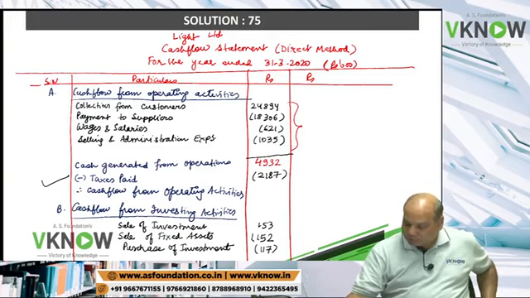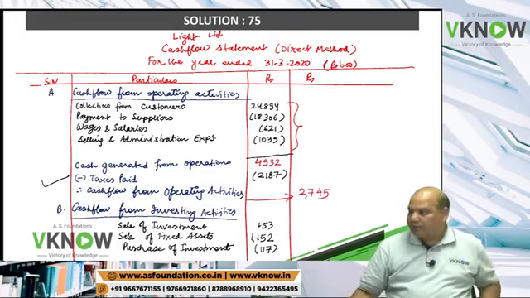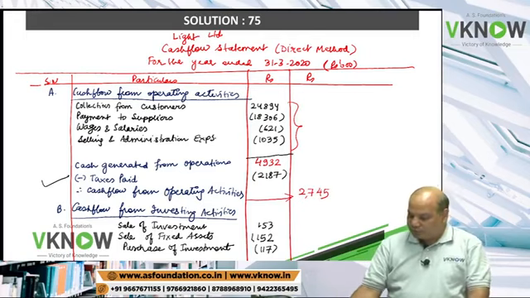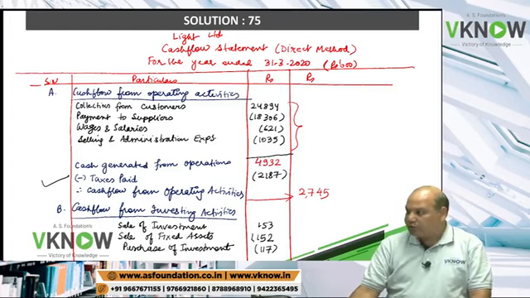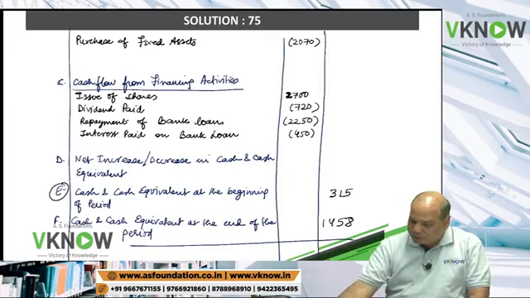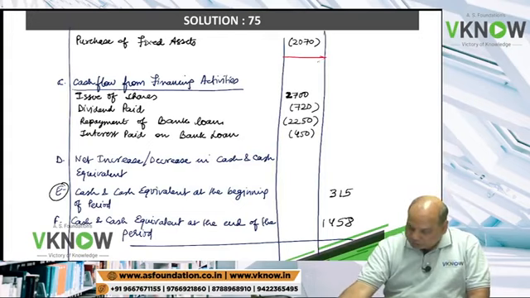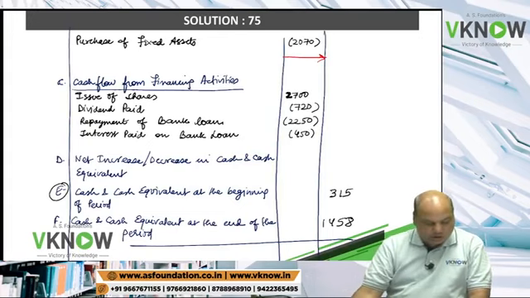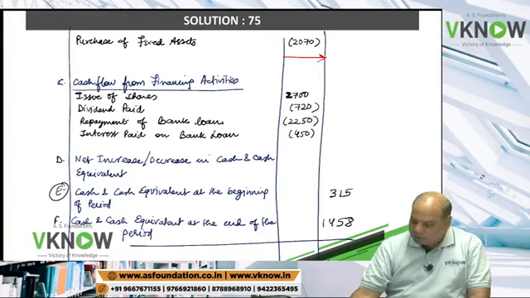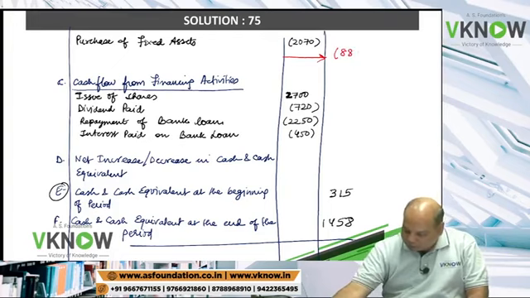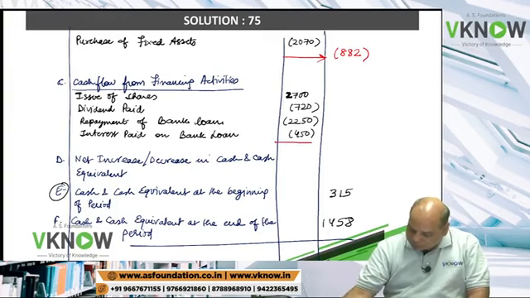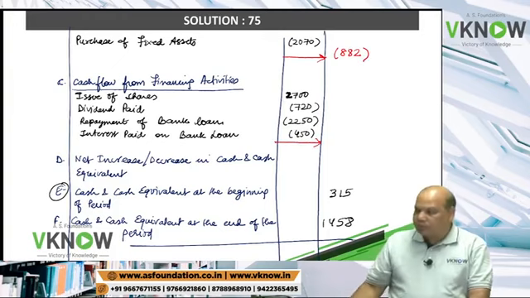4932 minus 2187. So cash flow from operating activity is 2745. 2745 is right. And then from investing activity, the total is negative 882.